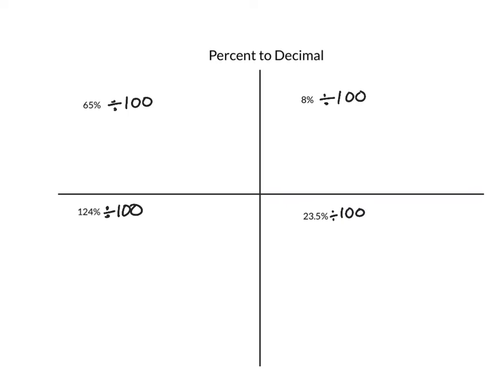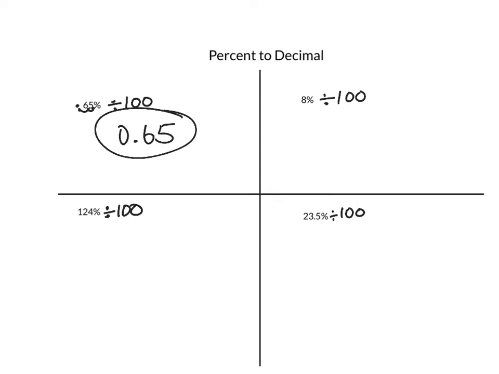Okay, so if we have 65%, we know that our decimal's at the end of our number. After the 5, it's just not written. We're going to move it to the left twice. 1, 2. Okay, so my decimal ends up before the 65. So I'm going to have 0.65 or 65 hundredths. Now I took it out of percent form, so I do not put a percent after the number.